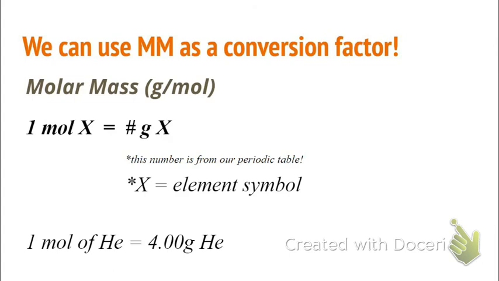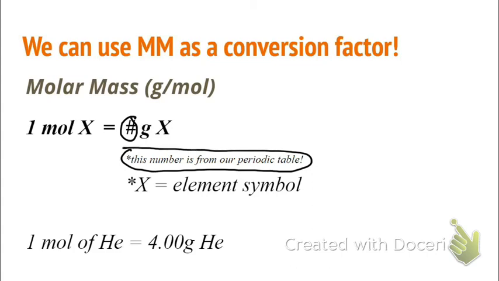So we can actually use molar mass as a conversion factor. If we look at the way this is set up, you can see that I have 1 mole of X, and it's set equal to number of grams of X. Now, the number sign here should be used as the number from our periodic table. And the X value that we have here is going to be the element symbol.